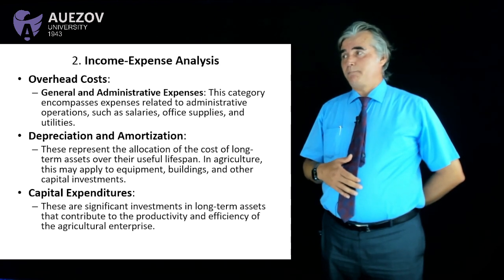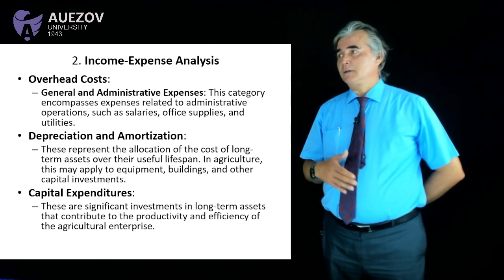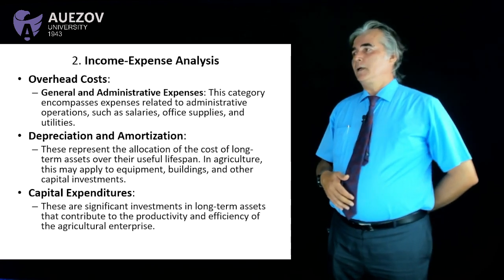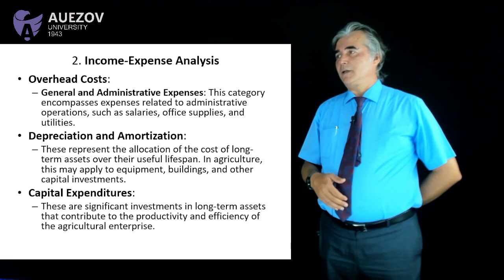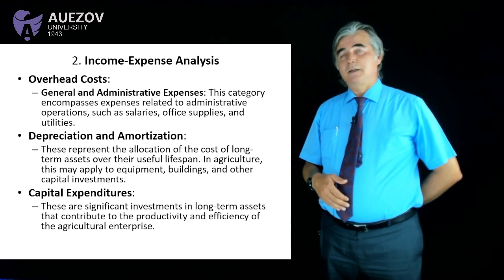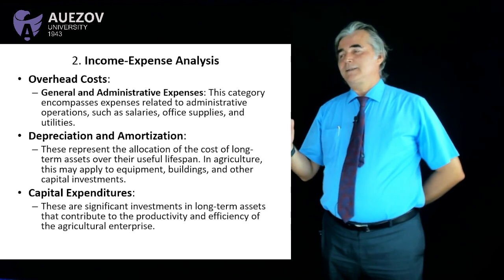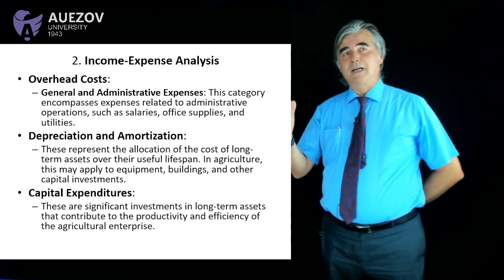This category encompasses expenses related to administrative operations such as salaries, office supplies or utilities. The depreciation and amortization item represents the allocation of the cost of long-term assets over their useful lifespan.